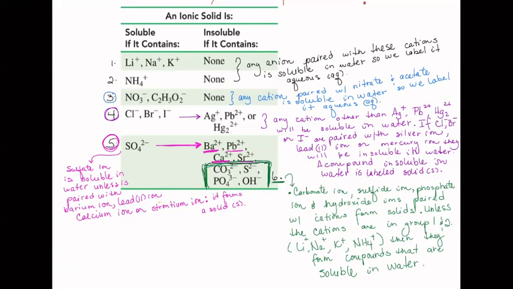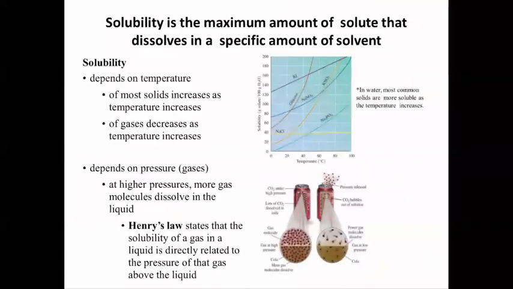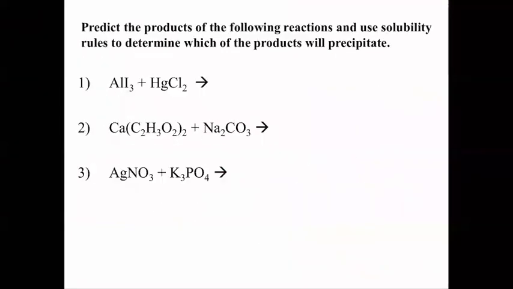So let's explore now how, if we're given a double replacement reaction, we can predict the product and determine if they're aqueous or if the product will be a solid. So let's actually look at the following double replacement reactions, okay?